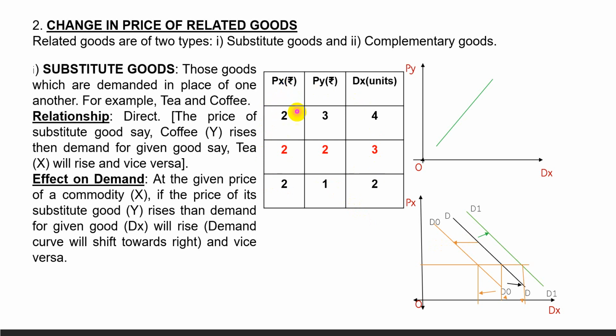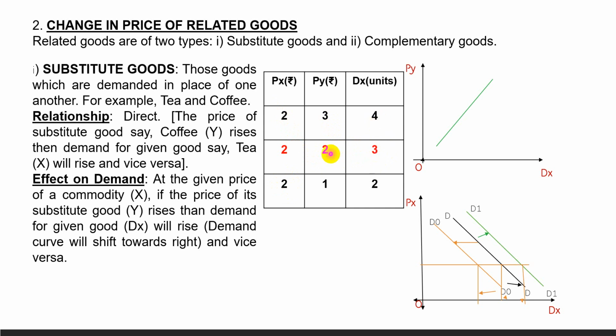See, this is the price of the given commodity, this is the price of the substitute good, and this is the demand for the given commodity. Suppose the original price of the given good is 2 and of the substitute good is 2, and the quantity demanded for the other good is 3. Now at the given price, if the price of the substitute good rises from 2 to 3, then the demand for the other good will also increase from 3 units to 4 units.